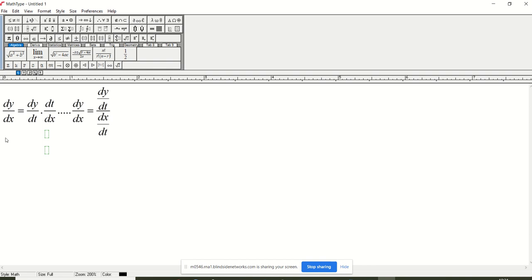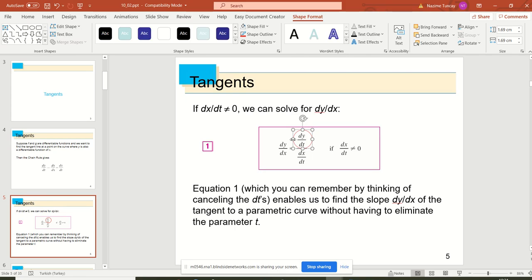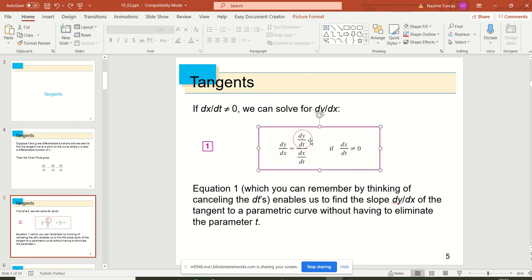Okay, so look here at what I have. This is the first part. This is what is written in our presentation. You can see this division. You know that the first one is the numerator and the second one is the denominator. So here what we do, we reverse this.